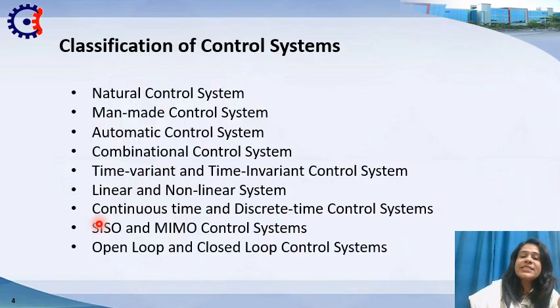Then continuous time and discrete time control system. Continuous time, signals change continuously with time, and discrete, signals are processed at specific time intervals. Example of continuous, analog temperature control, and discrete signal example, discrete controller.